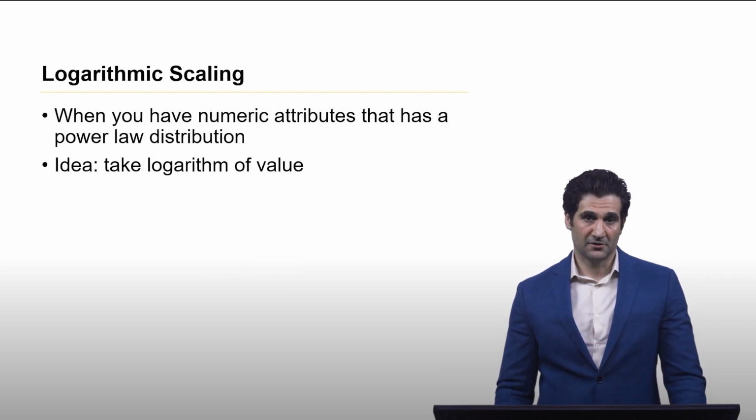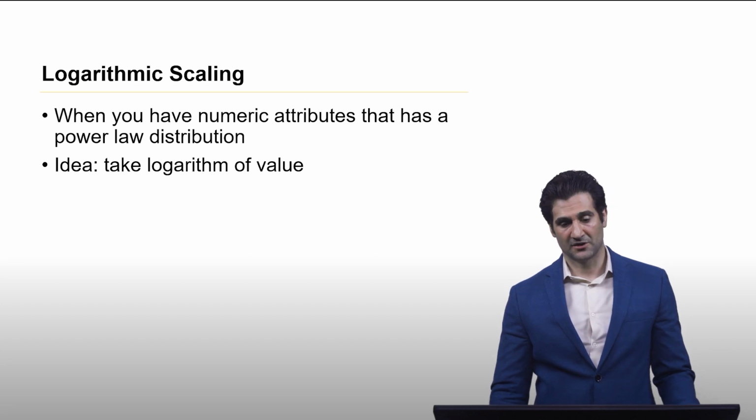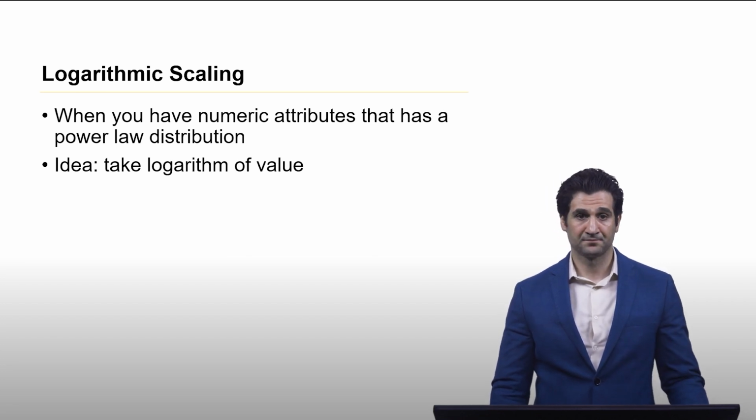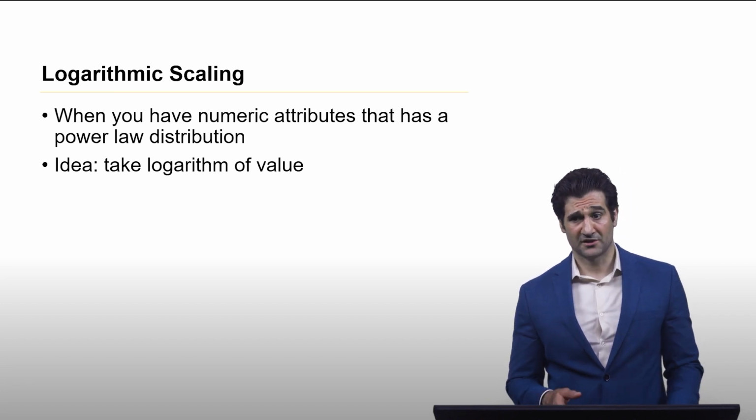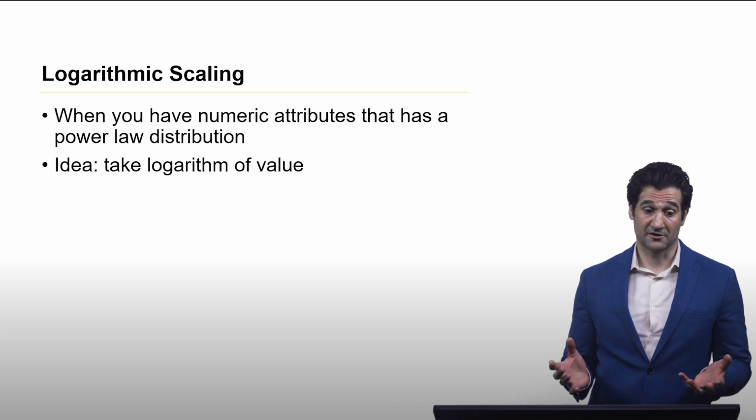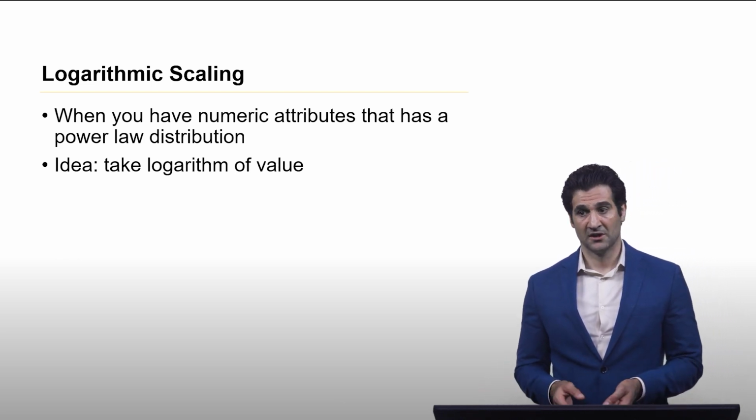Now, what if you don't have linear scaling and you have something like a power law? Well, you probably want to embrace what's called logarithmic scaling. One example of this is terrorist attacks in the United States.